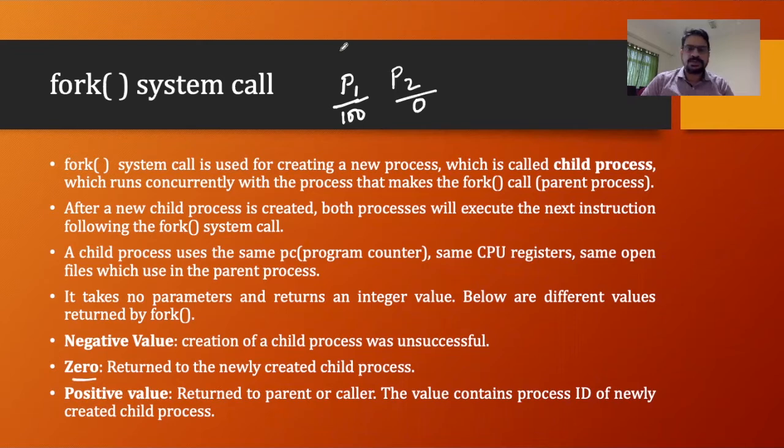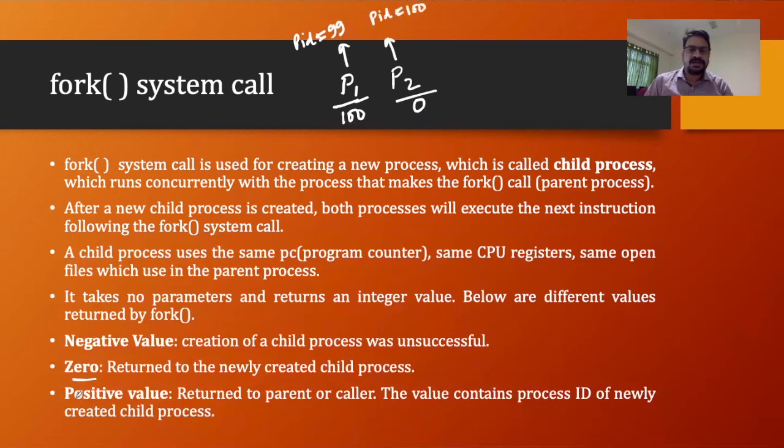Both process P1 and process P2 have separate process IDs. Let's say the process ID of P1 is 99, and for P2 the process ID is what fork is returning, so it is 100.